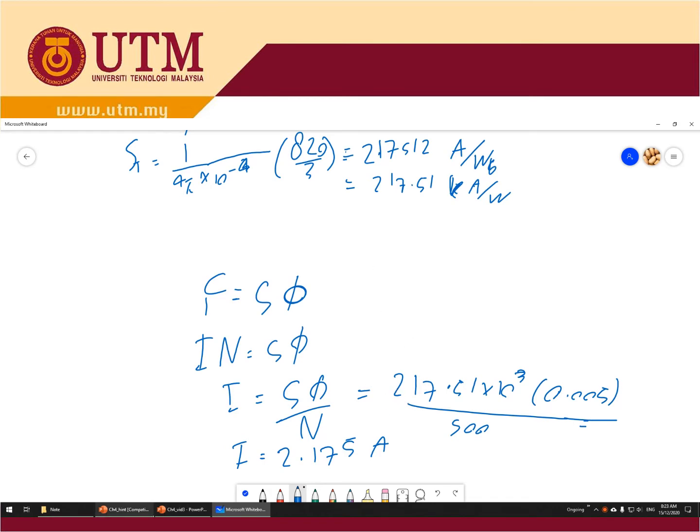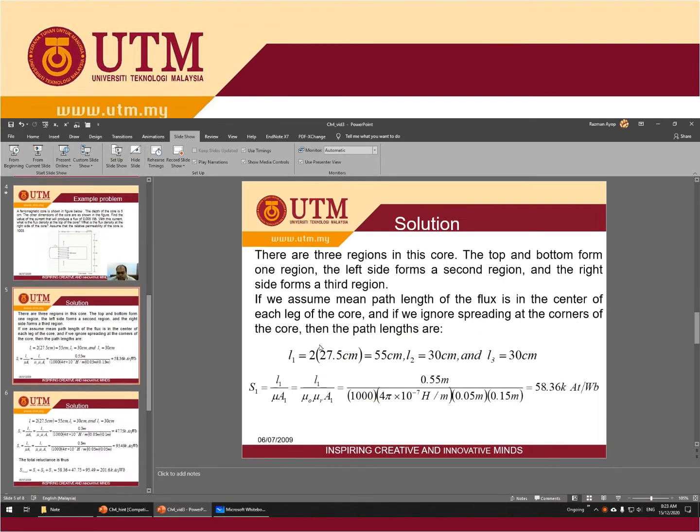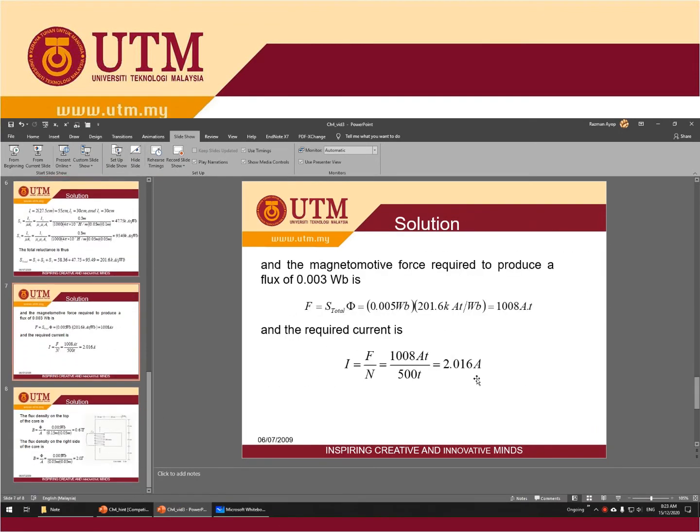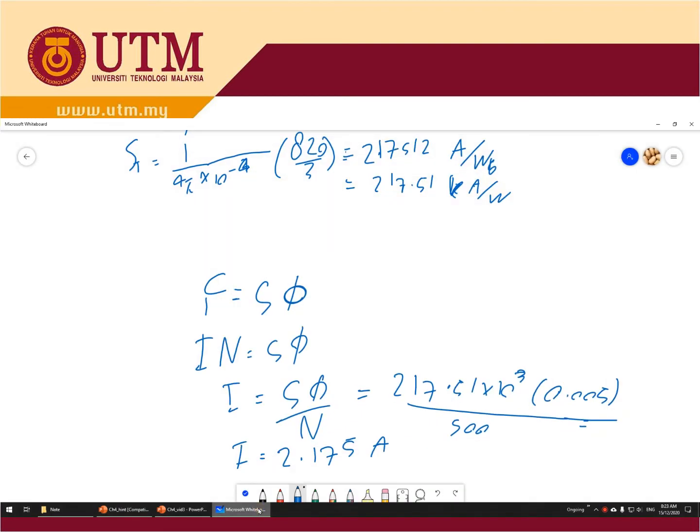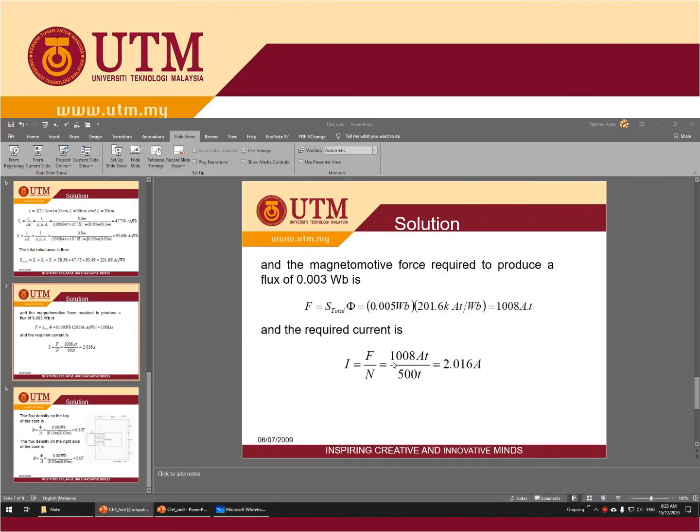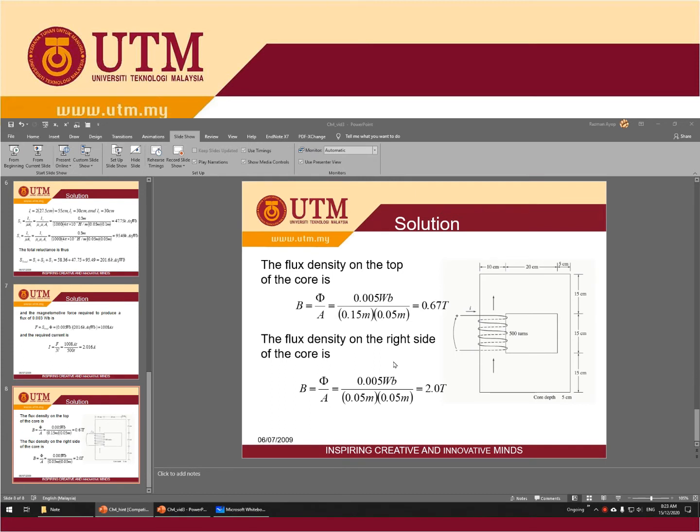If you compare the result here, it will be different. Let me check. Okay, 2.175. The difference is because of the calculation of the reluctance. And flux density on the top of the core and the right side of the core.